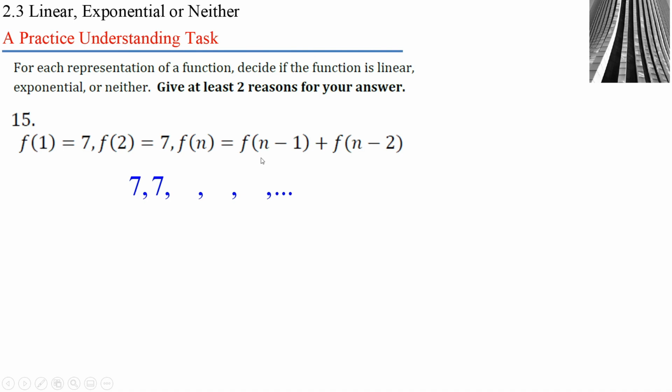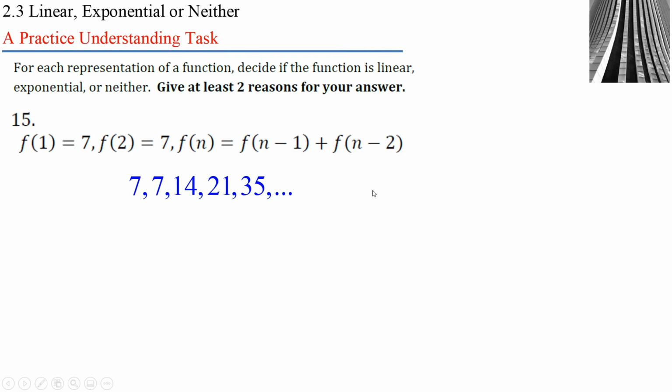My third term is the last term plus the term before that. So this third term would be 7 plus the term before that, 7, 14. And now this term then would be 14 plus 7, 21. And this term would be 21 plus 14, 35. And that pattern would continue.